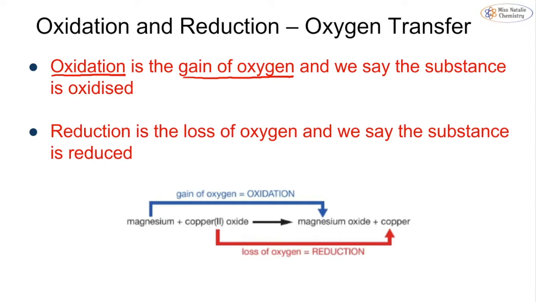If we have a loss of oxygen, then we say that the substance has been reduced or has undergone a reduction reaction. So in the case that we just looked at, the magnesium gains the oxygen, so it is oxidation, whereas the copper oxide is losing that oxygen, so it is reduction. You can see that these two things have to go hand in hand.